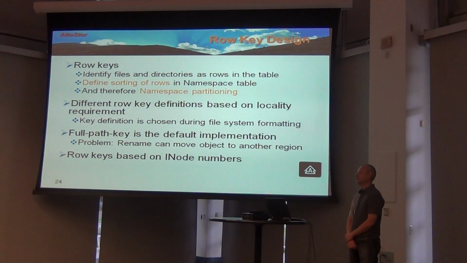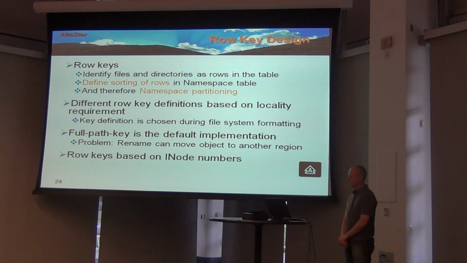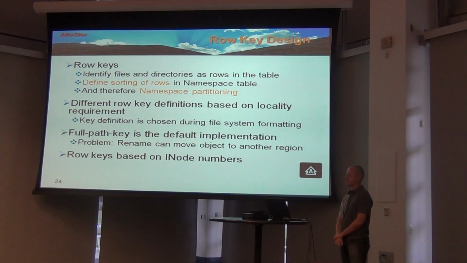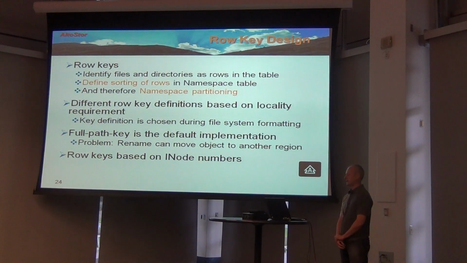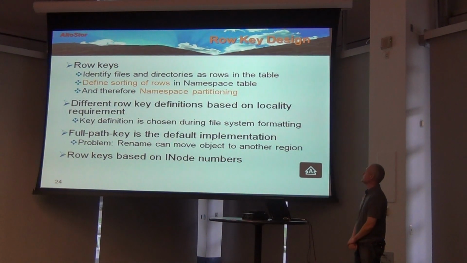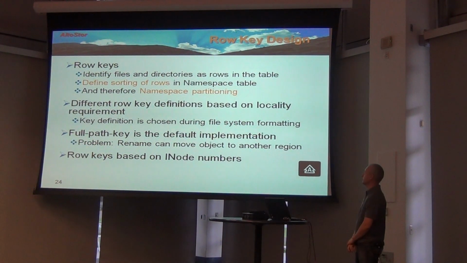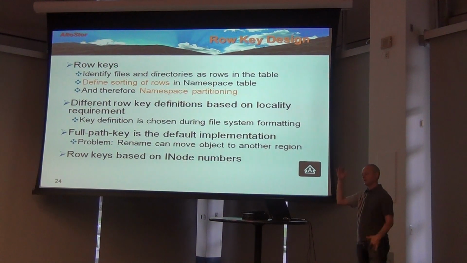Row key design is one of the most important issues that Giraffa is facing. In addition to identifying files in the table, row key also defines sorting of the rows in the table.